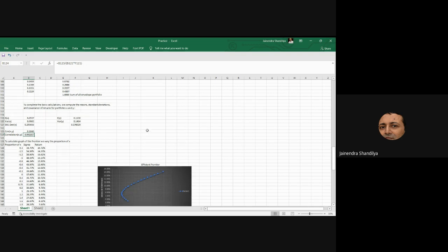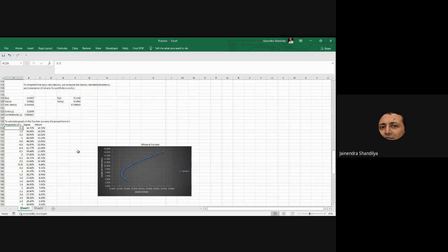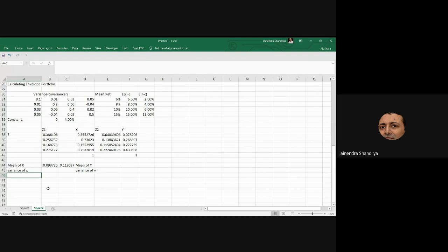Assuming you are okay till here, now if we take x as 0.3, like we can do it here, its mean will be this into this, which is this one, and then because 0.7 will be the other portfolio, 0.7 into this one, so you get this.